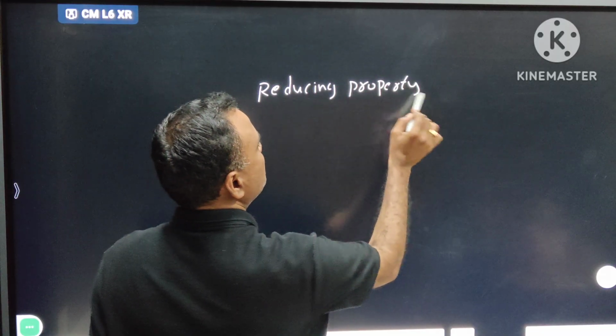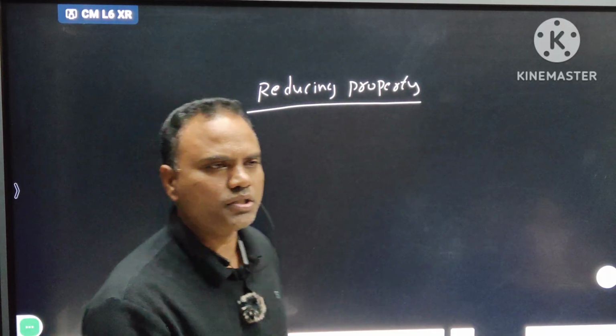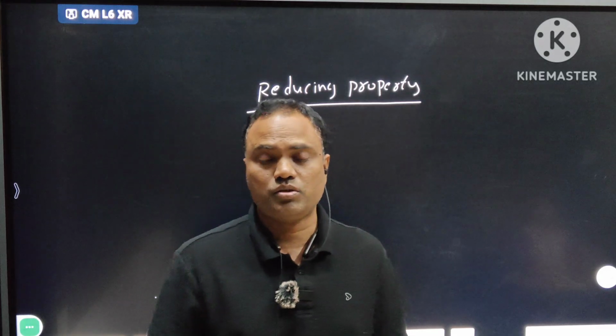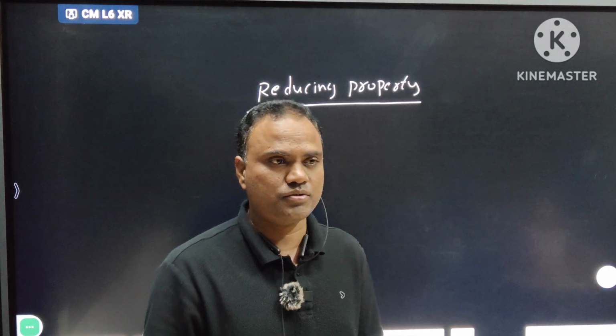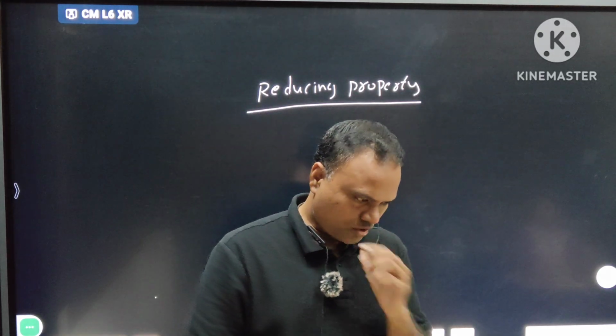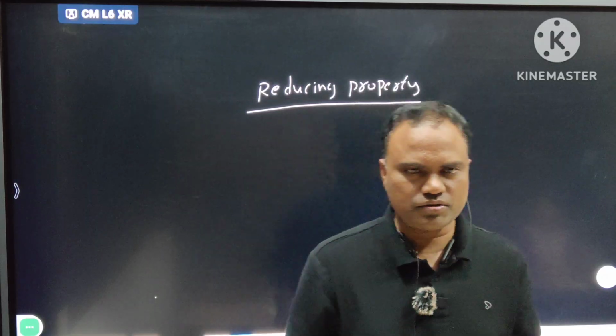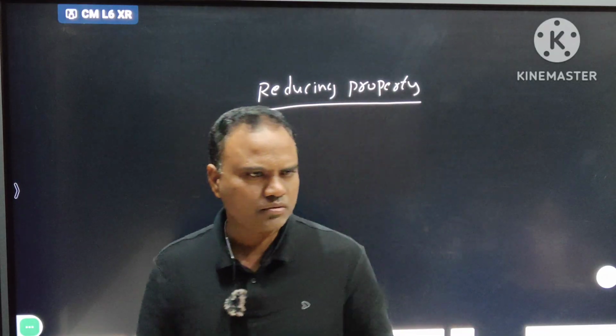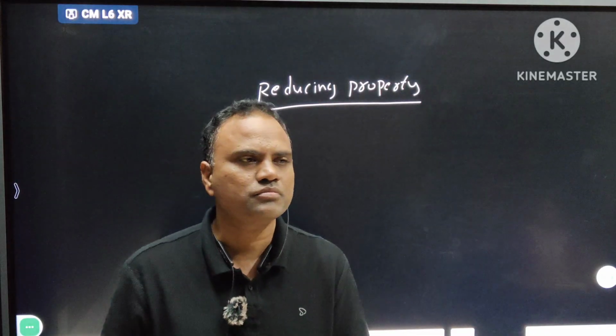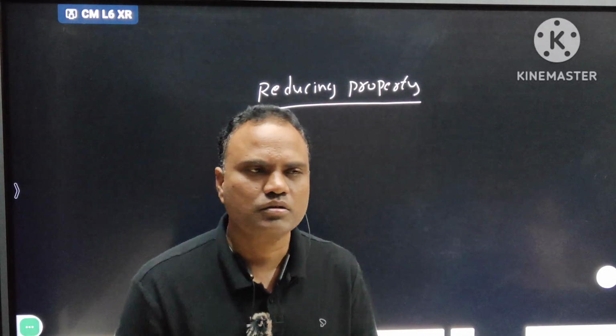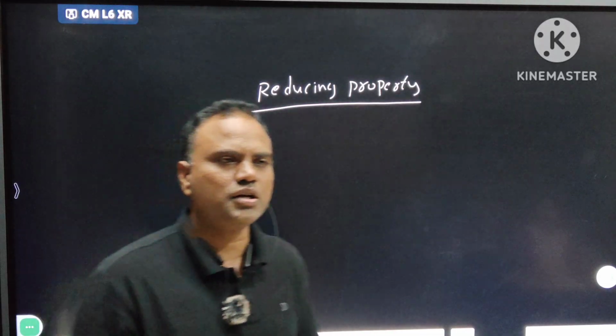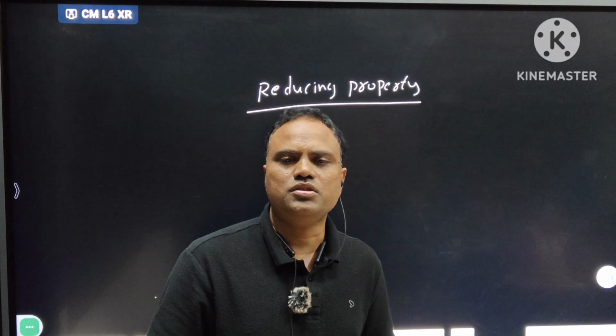You know, in the carbonyl compounds chapter, you read Tollens, Fehling's, Benedict's, right? Aldehydes react with Tollens, Fehling's, Benedict's. What about ketones? Ketones do not react with Tollens, Fehling's, Benedict's.